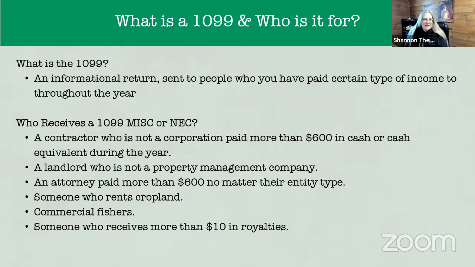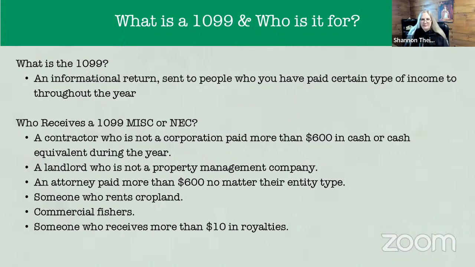Some of the lesser common that I have created 1099s for are cropland rent. A lot of times the cropland rent is sent, I see it a lot in construction where plots of land are being purchased, but they're not ready to develop it yet.